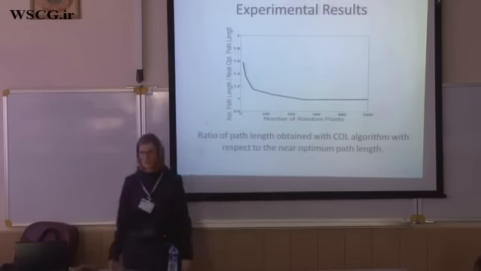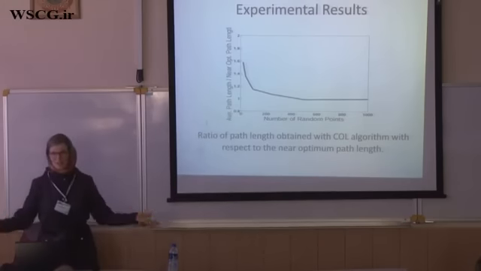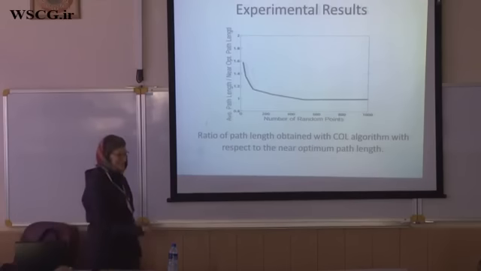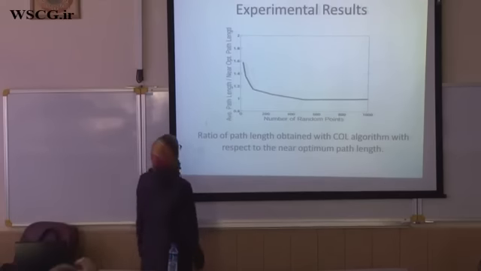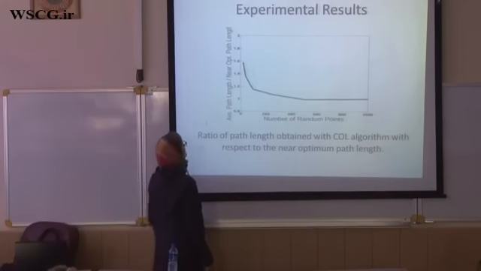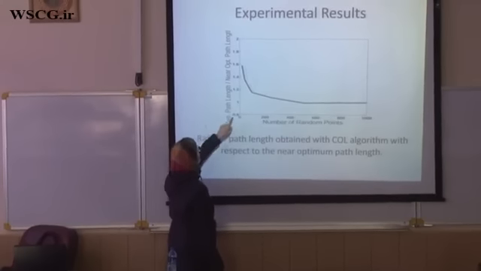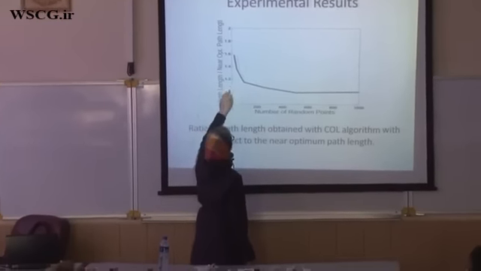Near optimal path length, you can hope to get by just continuing the process for a long time, using more and more points, so you get a pretty good idea what the optimal path length is, which she normalizes by. So optimal path length down here is 1.6.